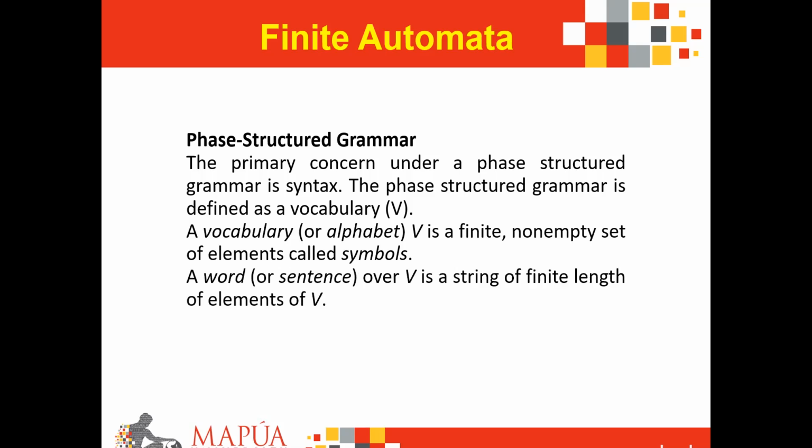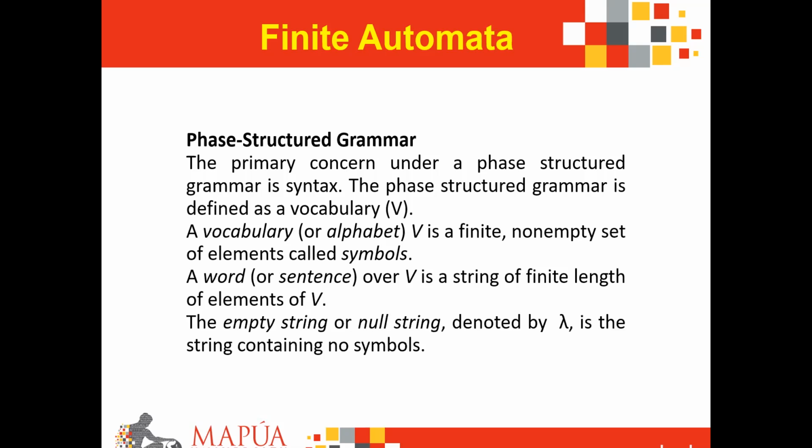A word or a sentence over your vocabulary basically is formed by creating a string of finite length of elements of your corresponding set V, or set of symbols. So all we have to do is to create a string of symbols. Therefore, we create what you call a word.